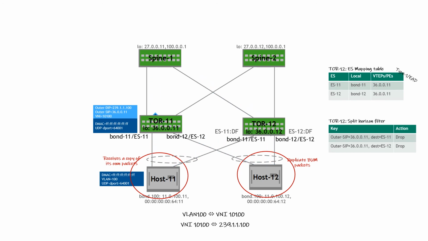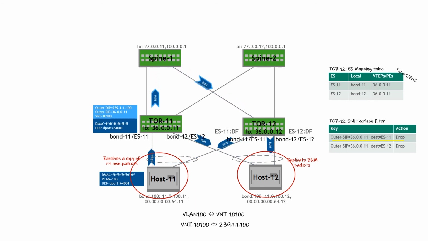Split horizon filter prevents encapsulated traffic coming in from an Ethernet segment pair being sent back to the same Ethernet segment post-decapsulation. So on TOR 12, you have a split horizon filter to prevent traffic coming in from TOR 11 heading back towards ES11. You'll have another filter to prevent VXLAN encapsulated traffic from TOR 11 going out of ES12.